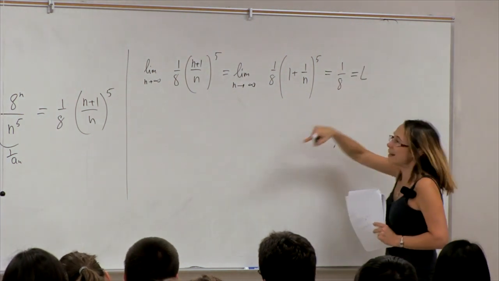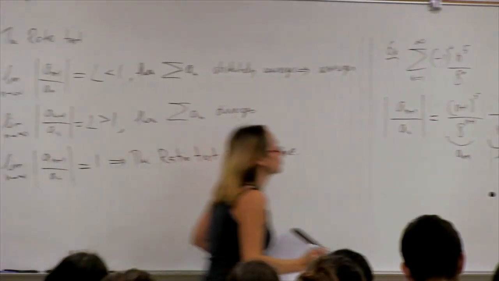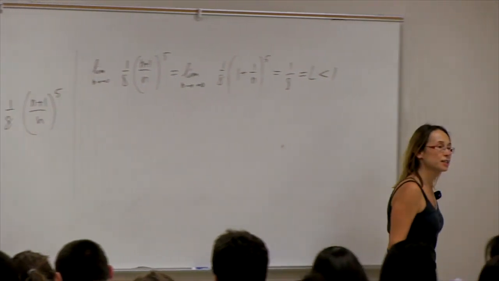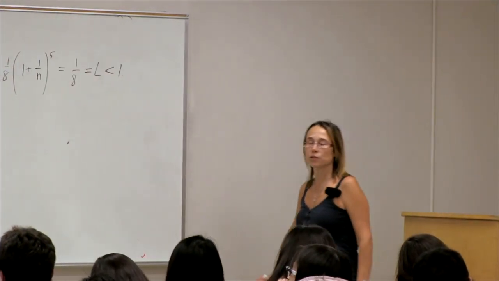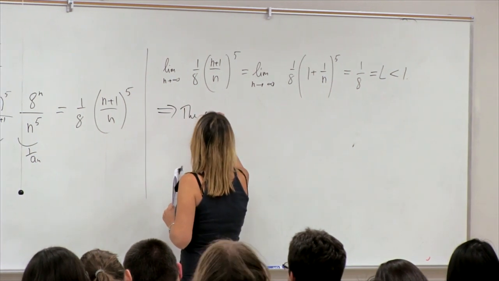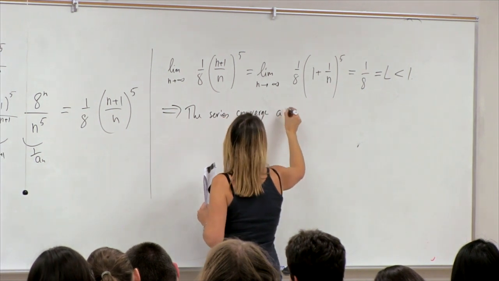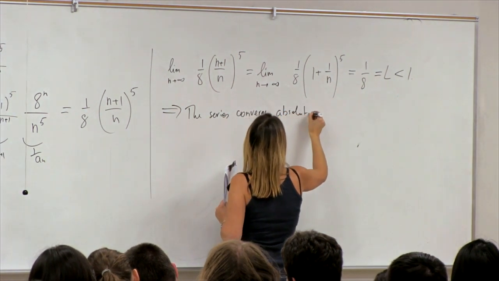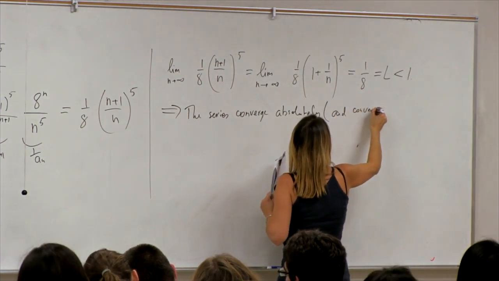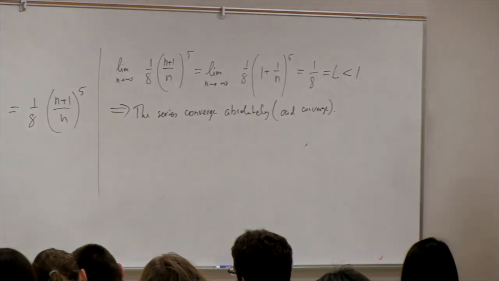This is what I call L, capital, always in this test. And we have to compare that with 1. Because I have a strict inequality of the right kind, I can conclude that the series converges absolutely, actually, and converges. So in this case, the test works.